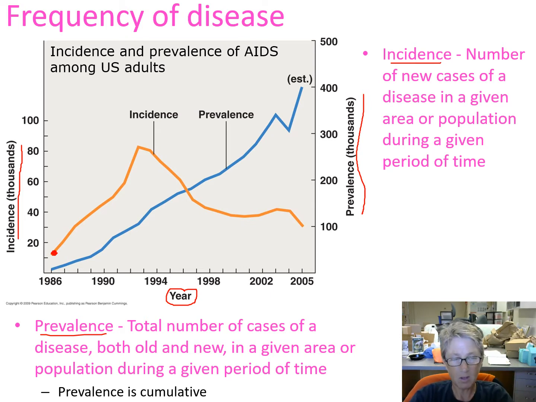And then the incidence of AIDS in the United States in, let's see, 1992, 93, was 80,000. So that's incidence.